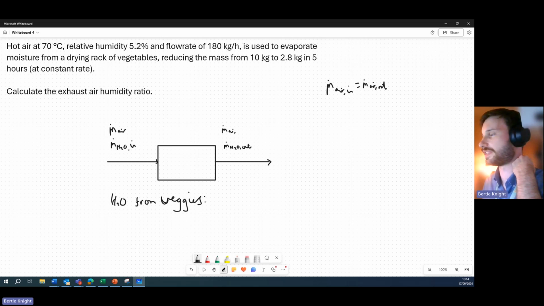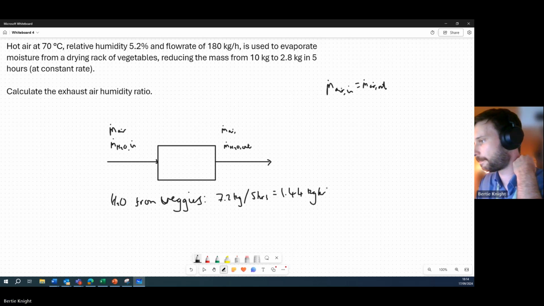It states in the problem that 10 kilograms is reduced to 2.8 in the space of 5 hours. So that is 7.2 kilograms per 5 hours, which is equal to 1.44 kilograms per hour. Okay, so that's that component.